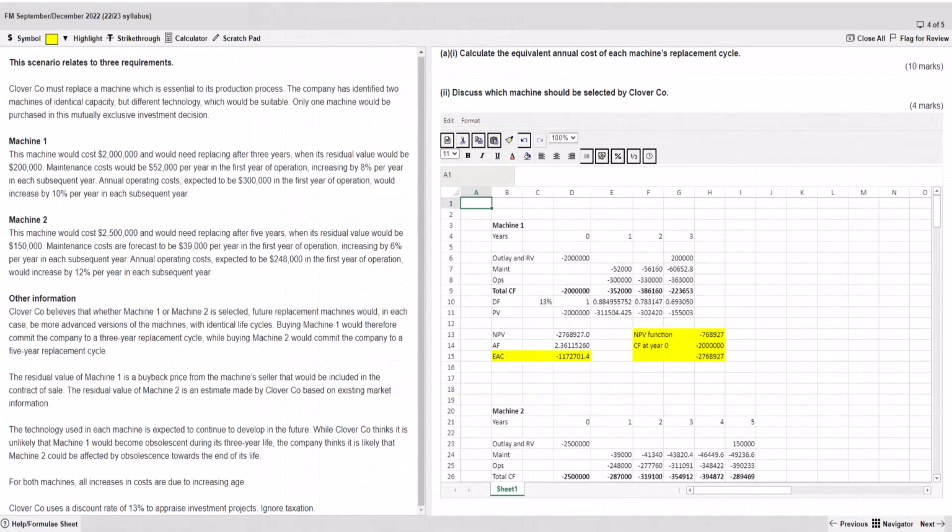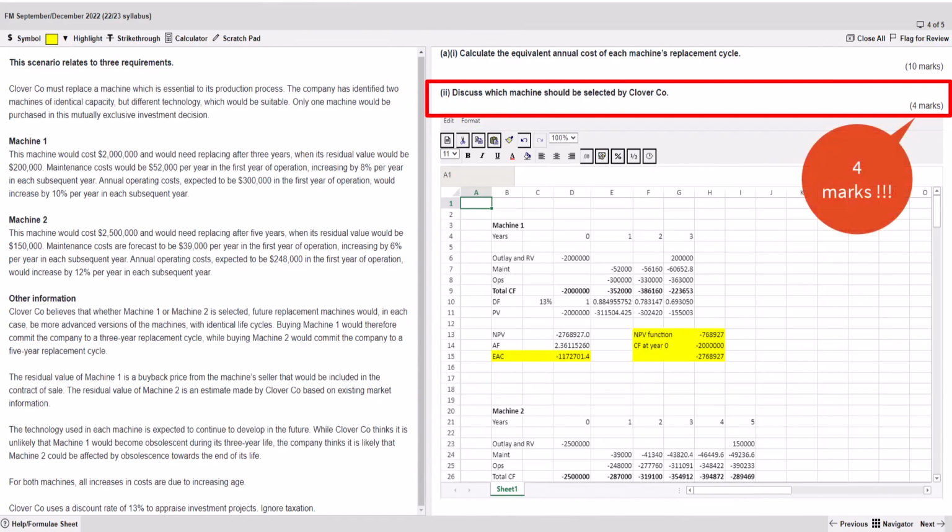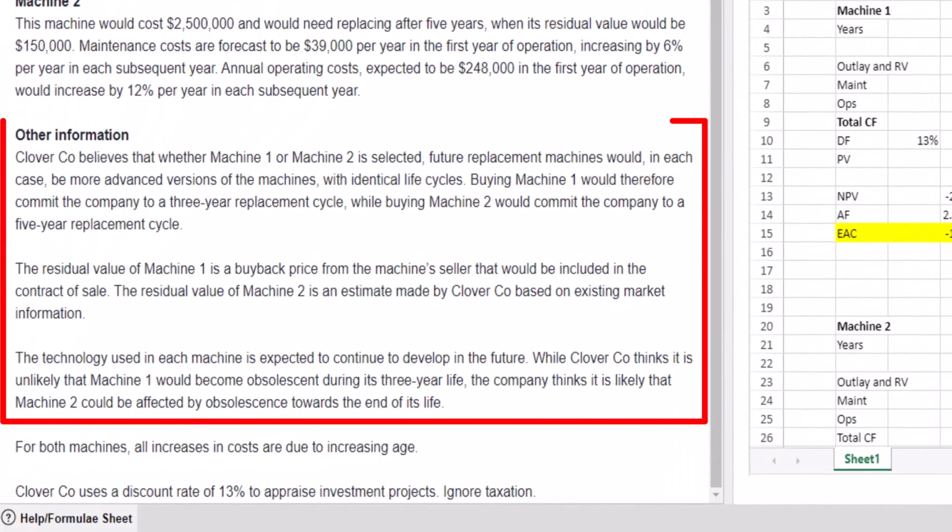Now we move on to part 2, discuss which machine should be selected by Clover Company. There we now have to use the other information paragraph. And this is imperative to doing well and getting those 4 marks. That information is there for a reason.